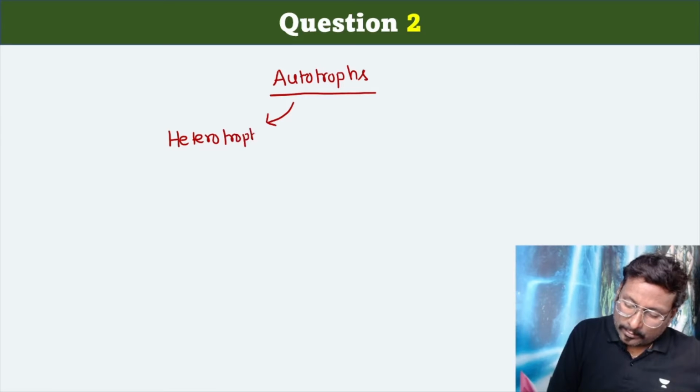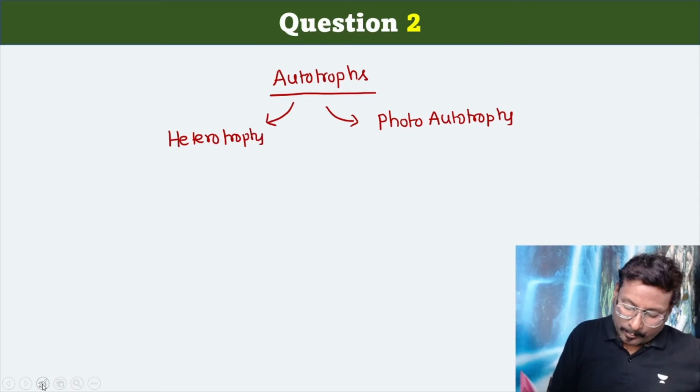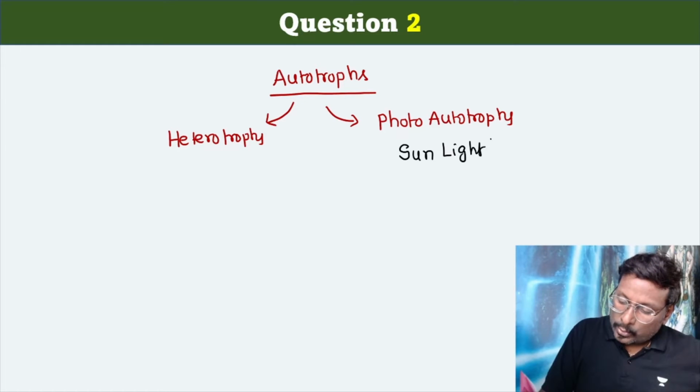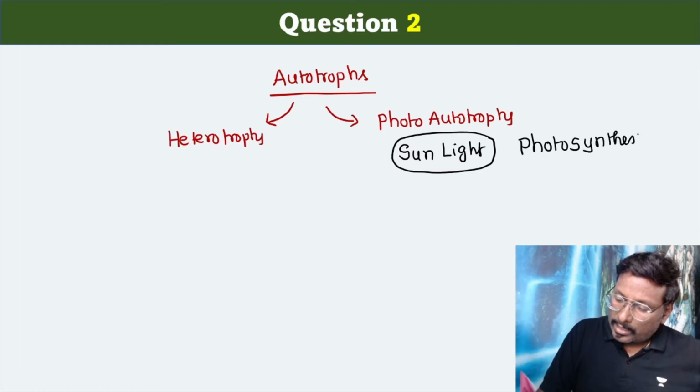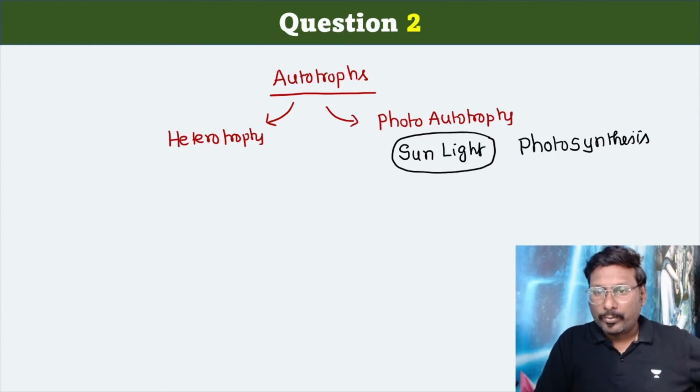Autotrophs are classified into photoautotrophs and chemoautotrophs based on energy source. If the energy source is sunlight, solar radiation, they perform photosynthesis.